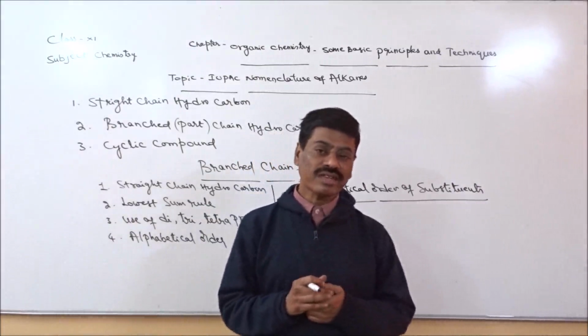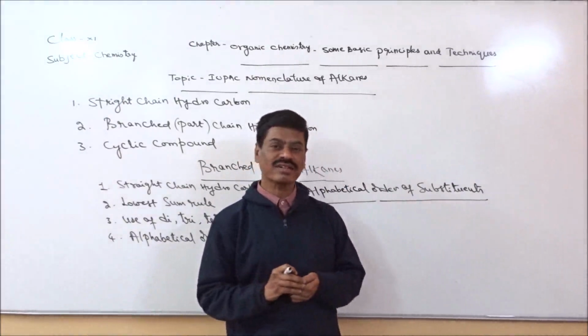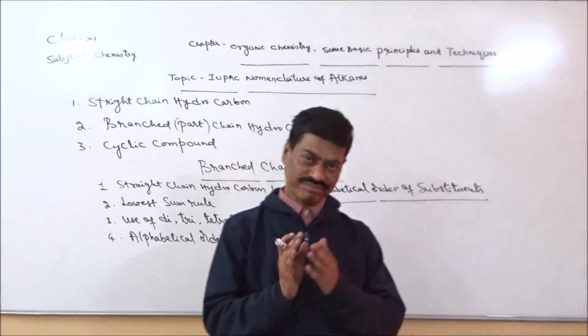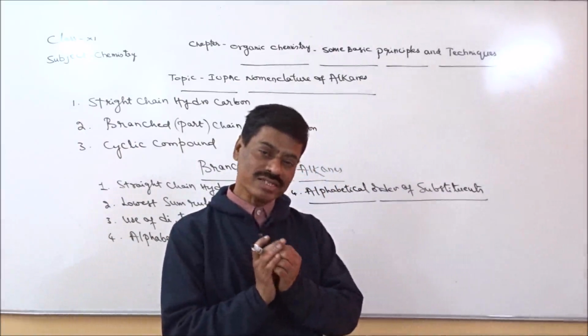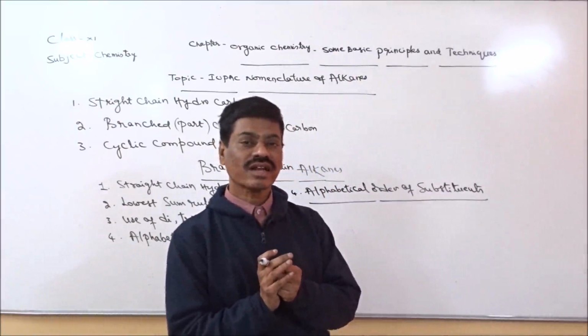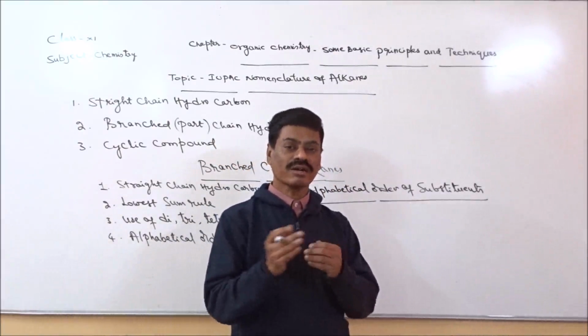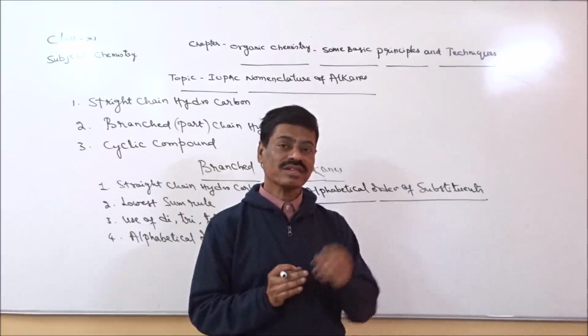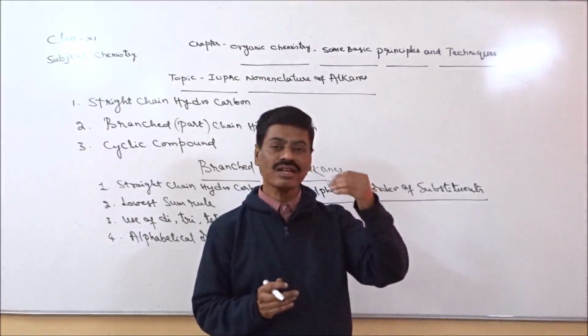Next, if ethyl and methyl are there, ethyl's first letter is E, methyl's first letter is M. E comes first, right? Thereafter M. So ethyl should be written first, thereafter methyl.